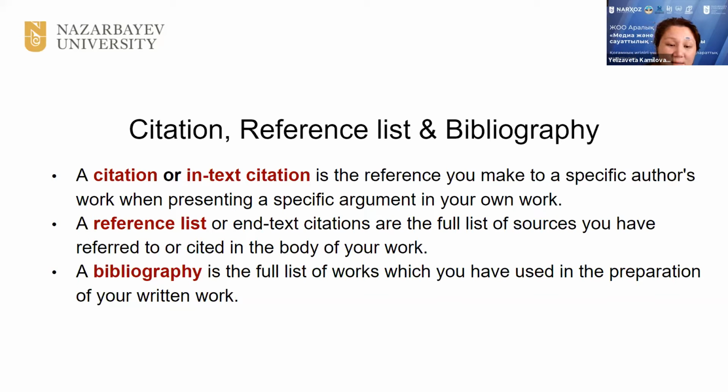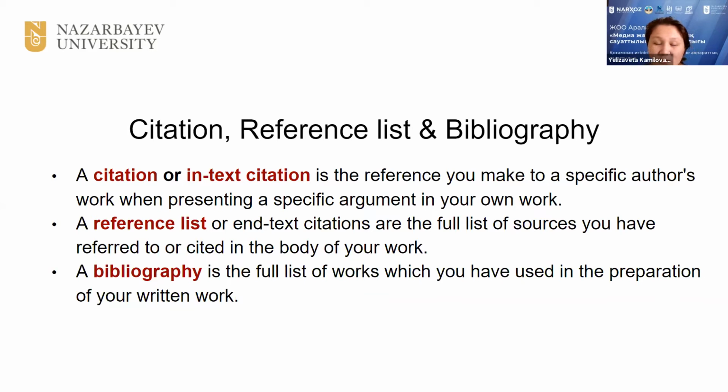And the third type is a bibliography. It is a full list of works which you have used in the preparation of your written work. To explain it in other words, it is a list of information you used during writing your paper, essay, or any other work, and you consulted with this material.